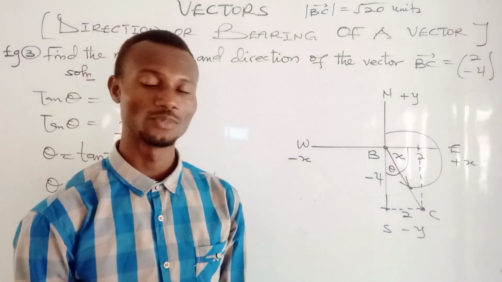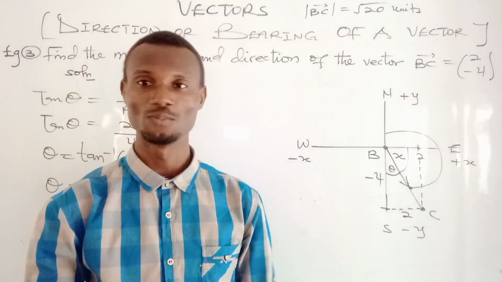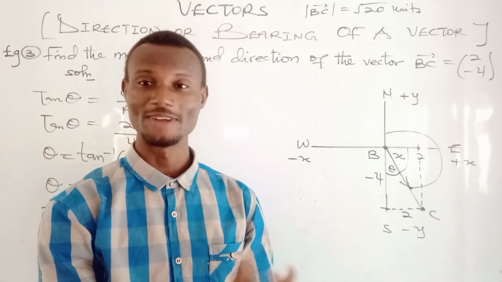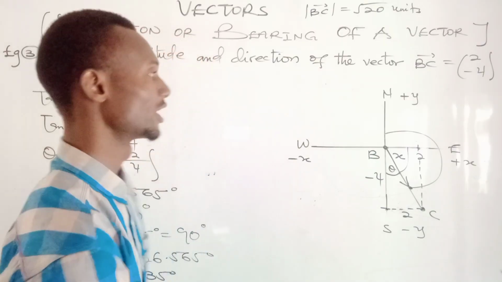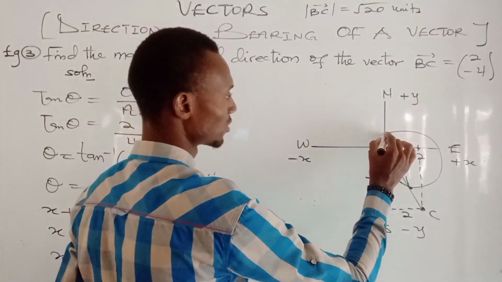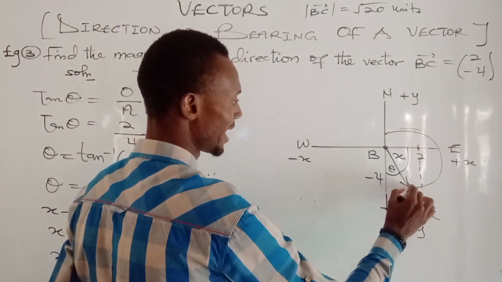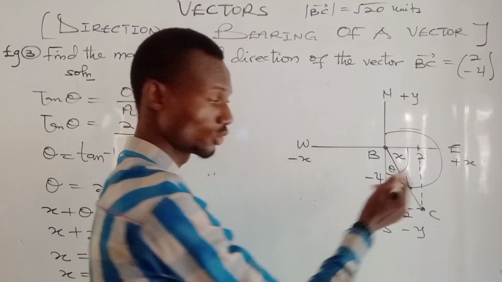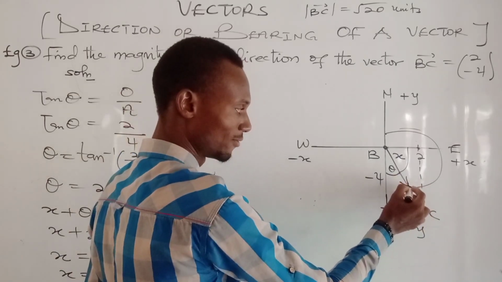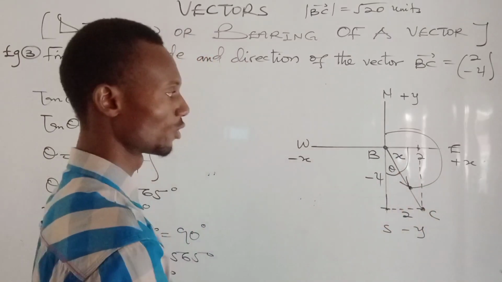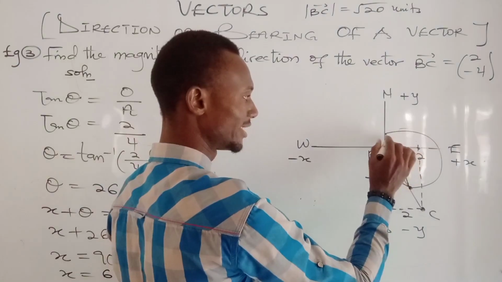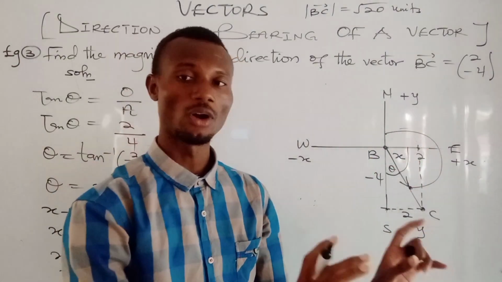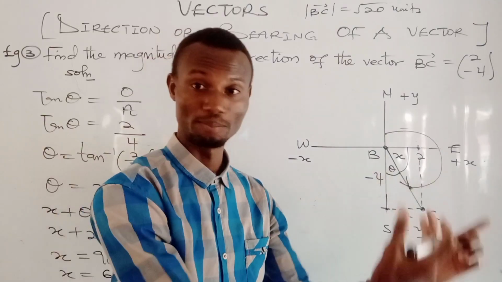Okay, so now we can calculate the bearing or the direction of the vector BC. Starting reading from the north, we read to end on the vector BC that you've drawn. You cannot exceed it. You end on the line that you've drawn. So it is the 90 degrees here plus the S that will give the direction of the vector BC.